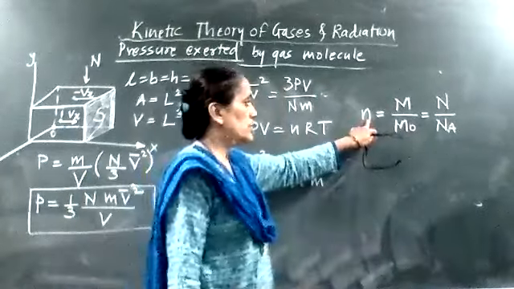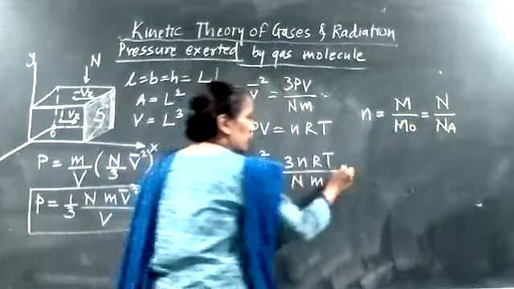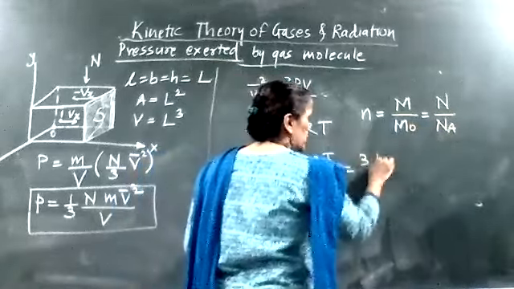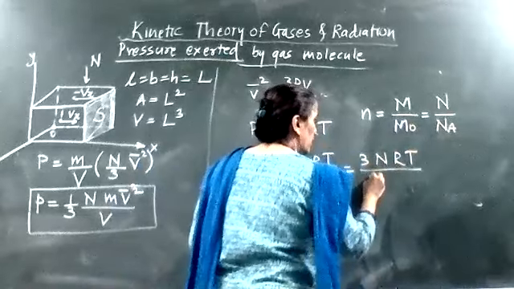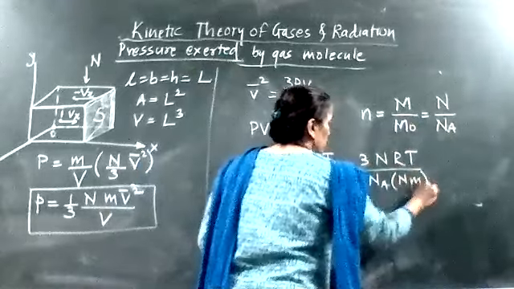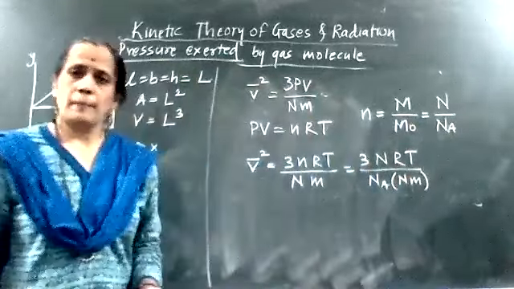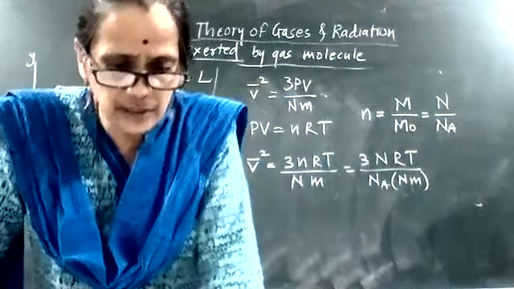So instead of n, I can put capital N upon Na here. So 3 N R T upon Na into N into m. That I have substituted. Is it right?